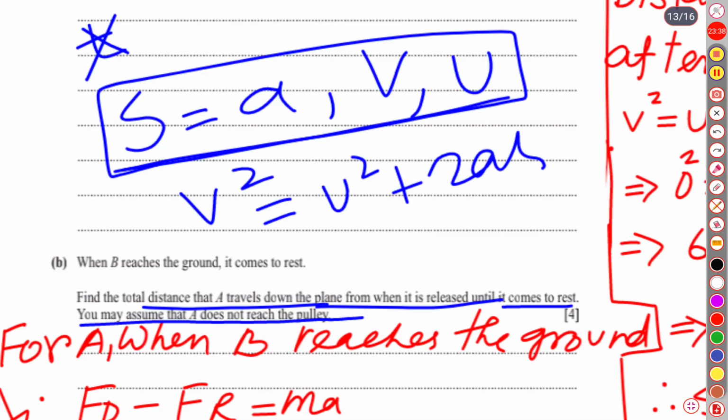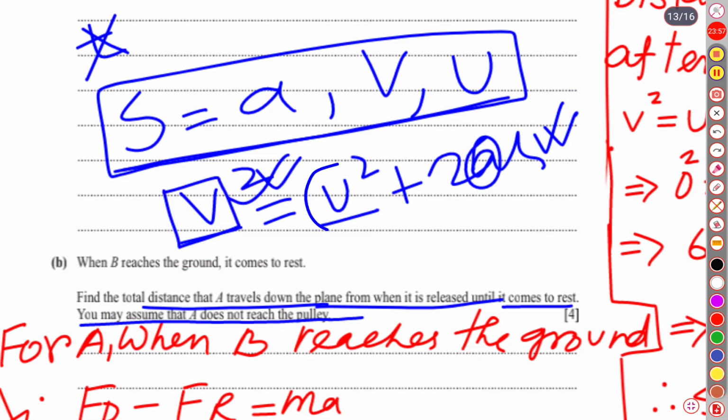So we can easily extract acceleration. Displacement is to be obtained, and initial and final velocity are somewhat known to us, because initially both the particles were at rest. The initial velocity was 0.